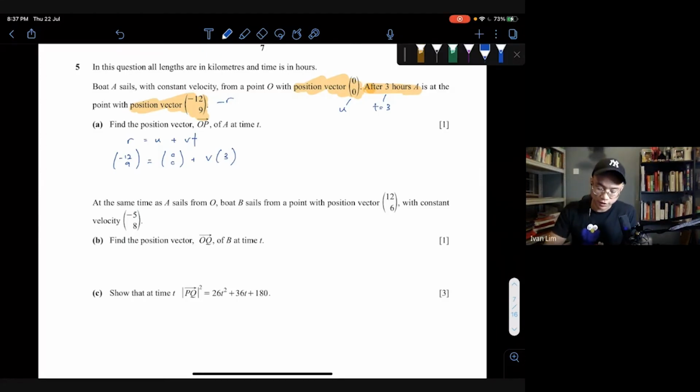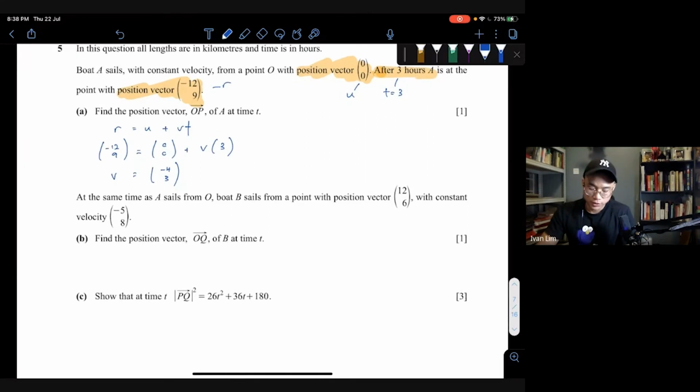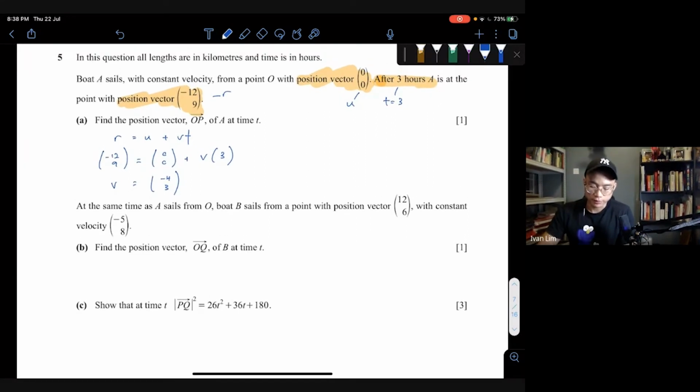Okay, so can I find V? V will be just divide by 3, right? So V will be equals to -4, 3. Okay, -4, 3. Because I just need to divide by 3.